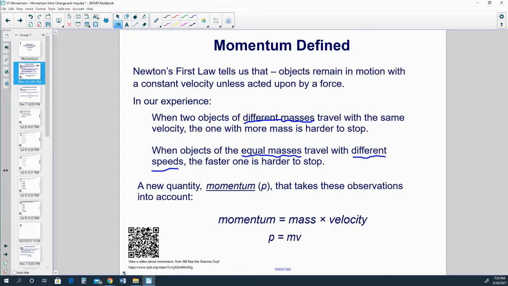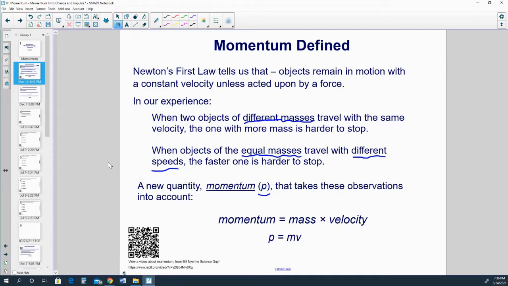So when you have two objects whose masses are different but the speed is the same, it's harder to stop the larger mass. When the masses are equal, but one is traveling at a greater speed than the other, the faster one is harder to stop. So this brings us to a quantity called momentum, represented by a lowercase p, which takes these observations into account.